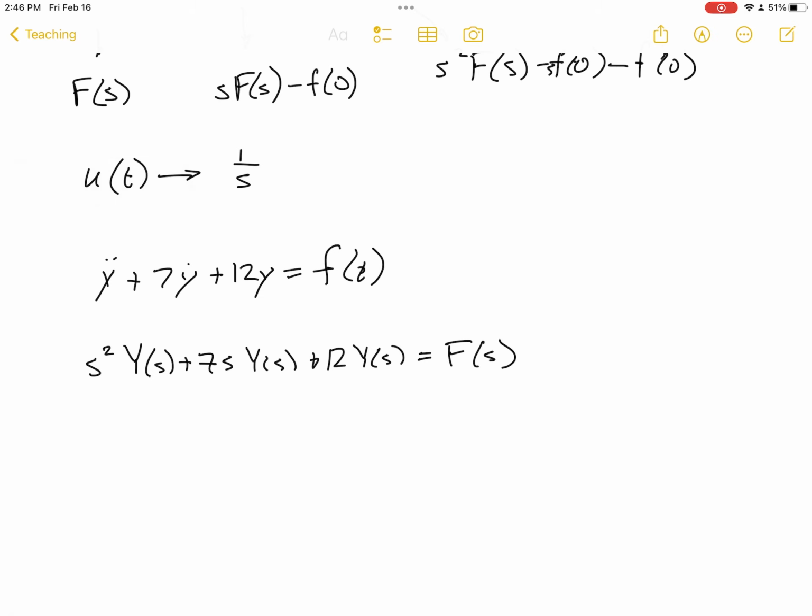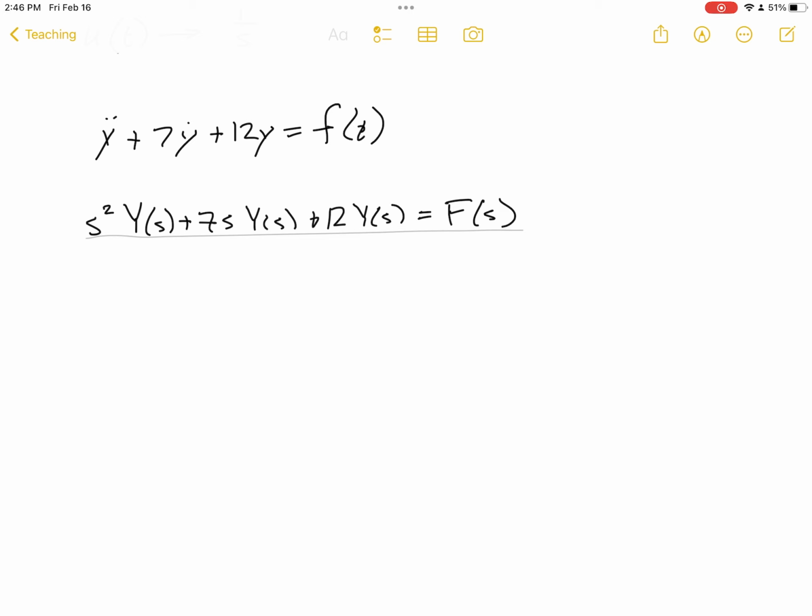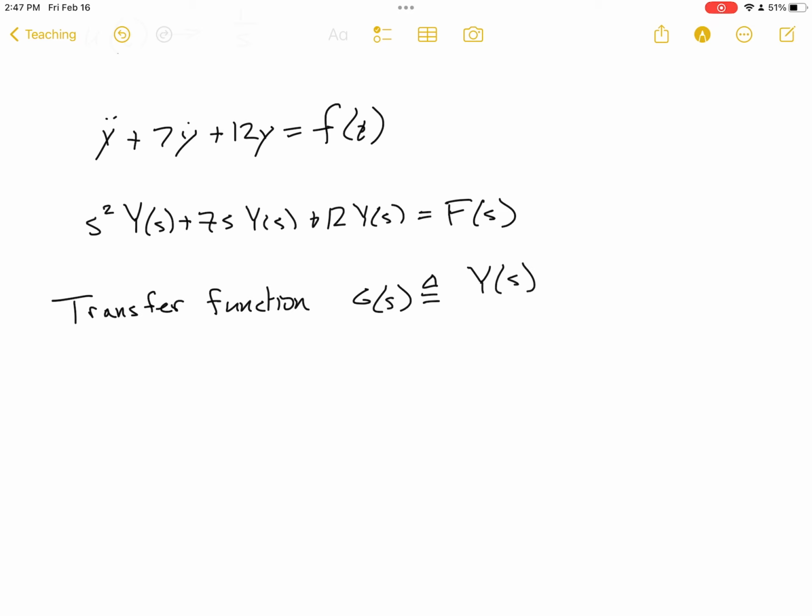And what we're going to define is what's called a transfer function. We'll call it G of s, and it is by definition equal to Y of s, the Laplace of your dependent variable, divided by F of s, which is the Laplace of your input.